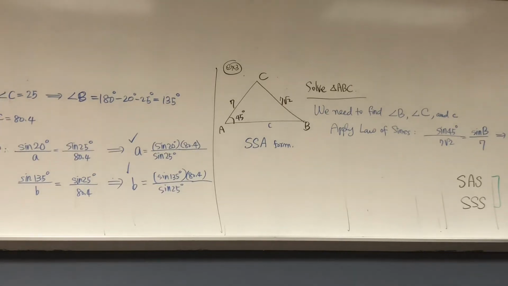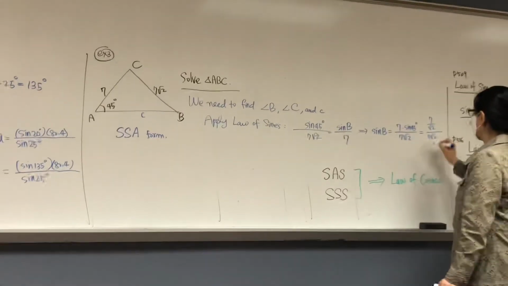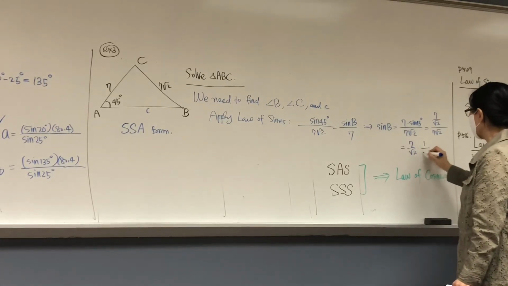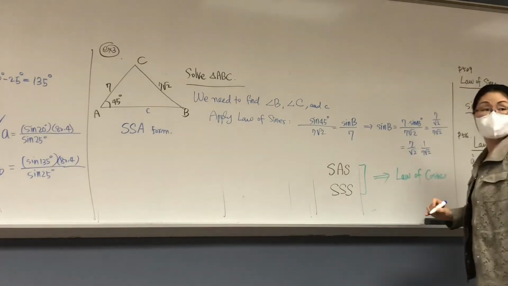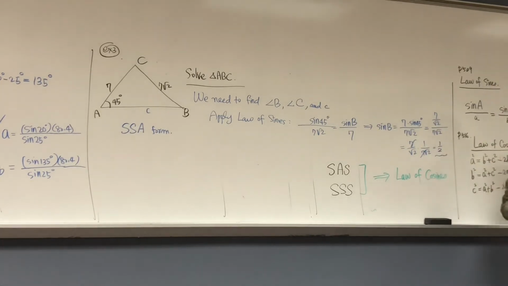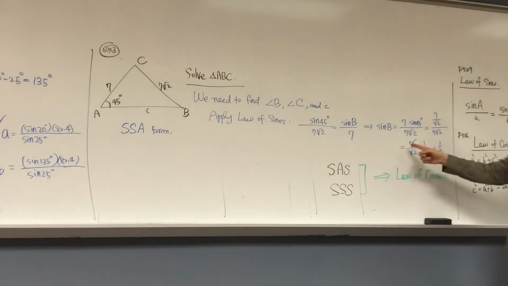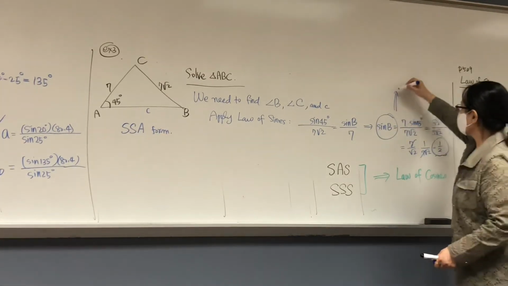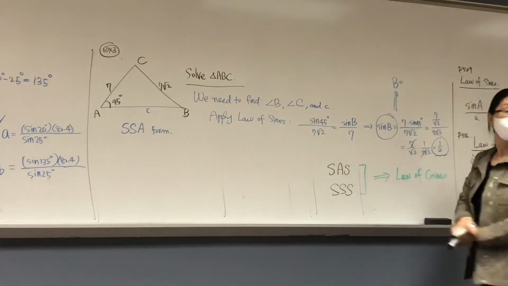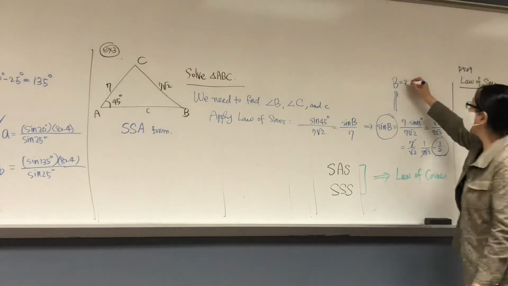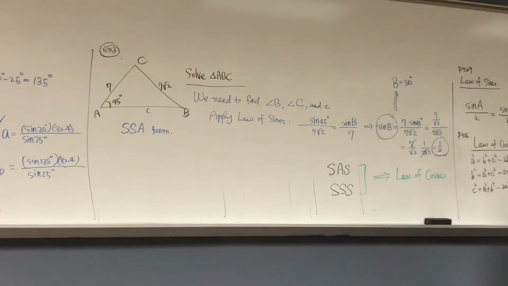So it is 7 over square root 2 times 1 over 7 square root 2, which is 1/2. So sine B is 1/2. What is angle B? 30 degrees.